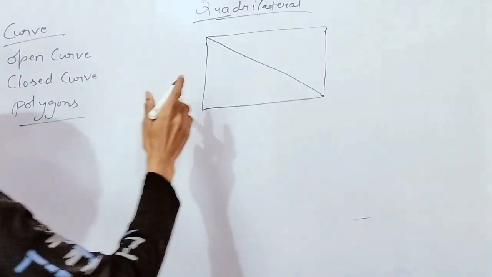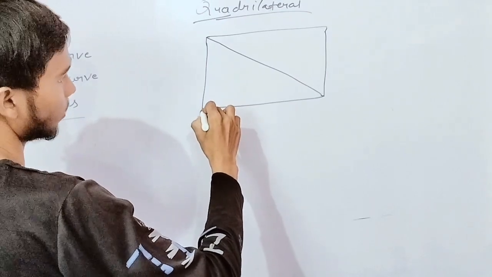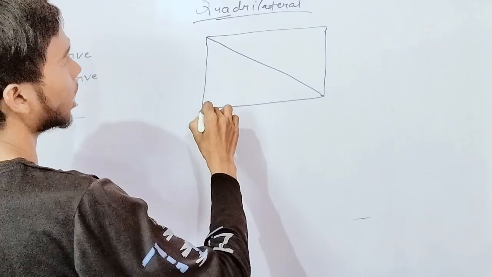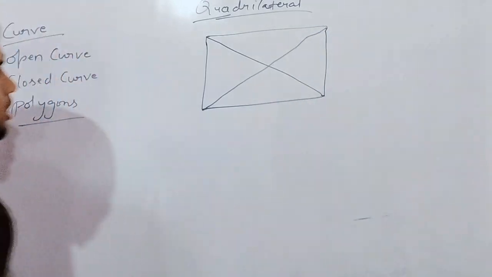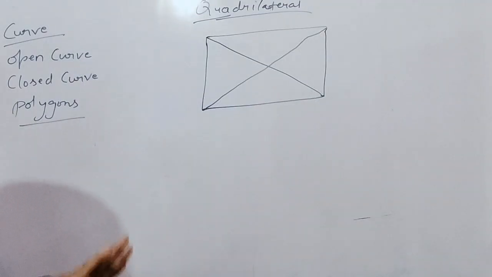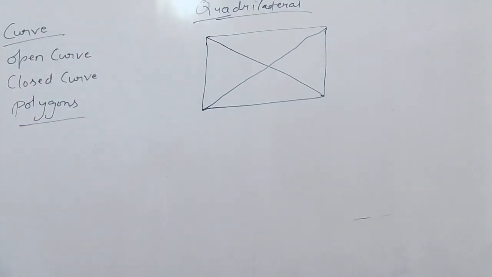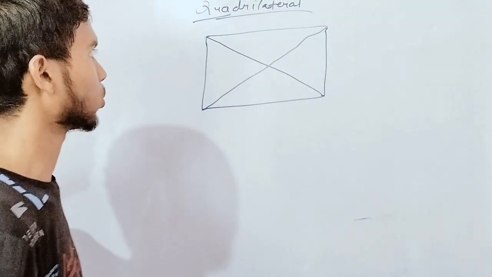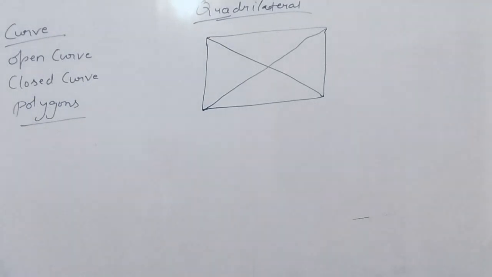This is known as a diagonal. A diagonal will start from a vertex and end on another vertex which is opposite of the initial point. These are 2 diagonals. Did you understand? A polygon can have 2 or more diagonals.